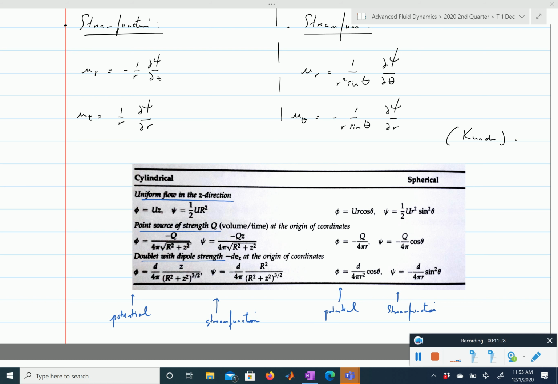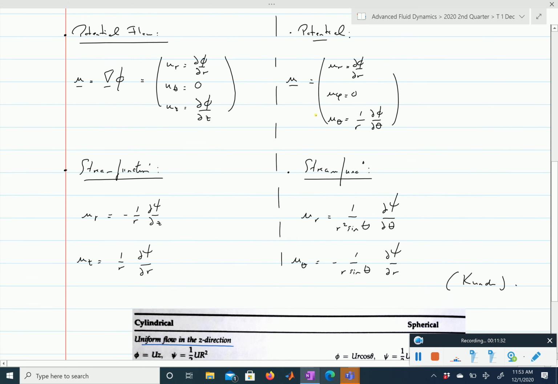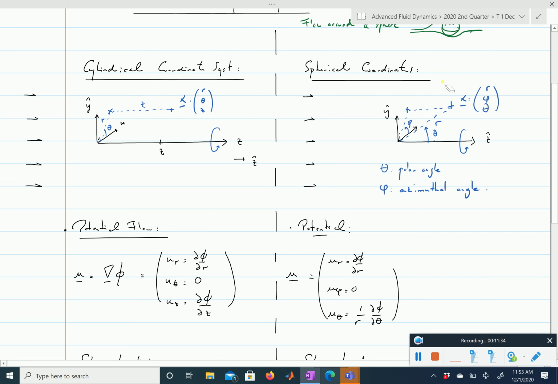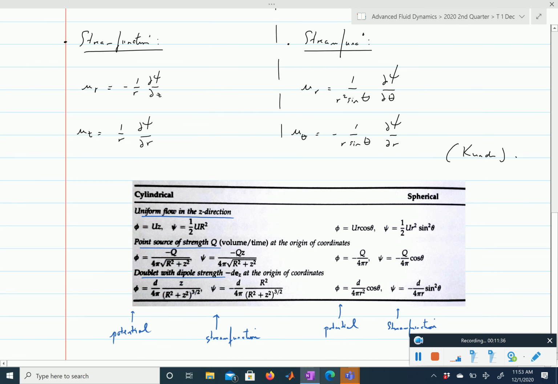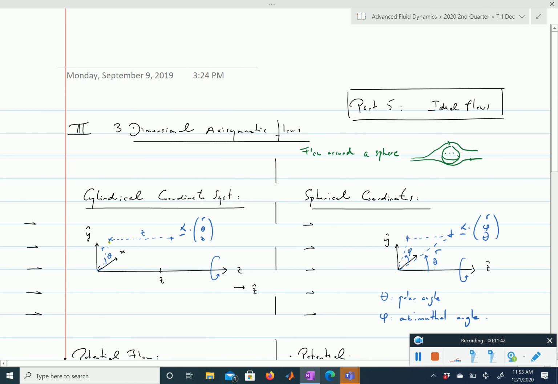Note here that in Kundu, they follow the same notation as I do for the spherical coordinates, but I was wrong. Actually, it's in the cylindrical coordinates. They use a capital R, where I used a small r. So this small r is a capital R in Kundu.